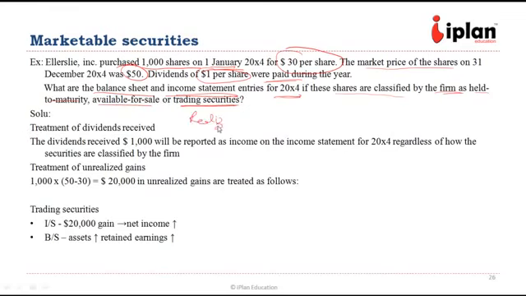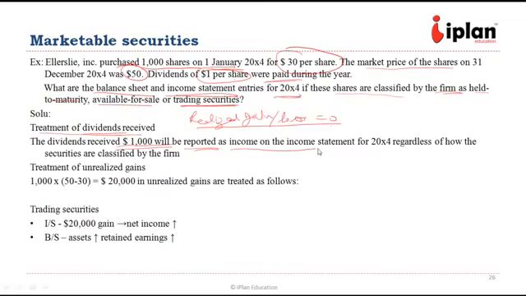As the company is still holding these shares, there is no realized gain or loss, that is 0. Let us look at the treatment of dividends received. Dividend was $1 per share for 1000 shares, so $1000 was reported as income.